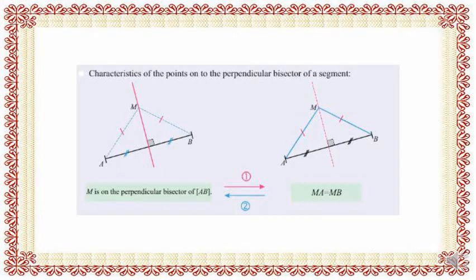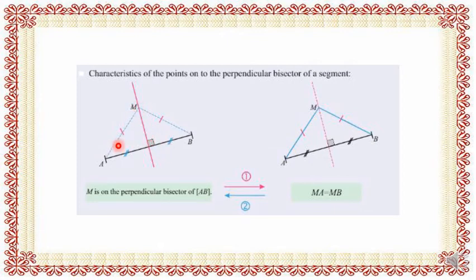So the two properties are the characteristics of the points which belong to the perpendicular bisector of a segment. If M is on the perpendicular bisector of the segment AB, it means that M is equidistant from the extremities A and B. Equidistant means equal distance.